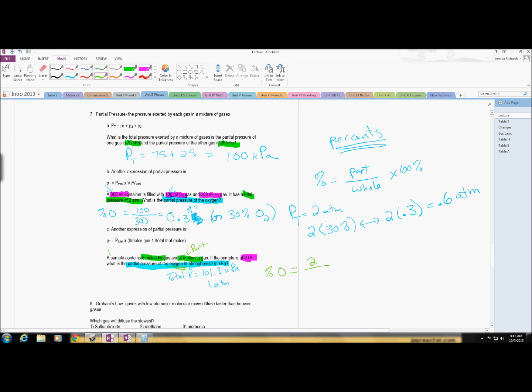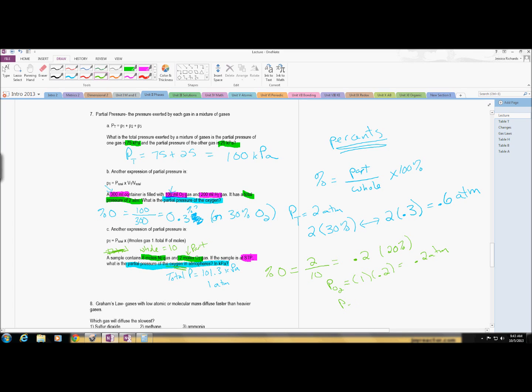And our total sample, the whole amount, is the 8 plus the 2, or 10 moles. So 2 out of 10 means that I have 0.2, or 20% oxygen in this sample. If I want to know the pressure of the oxygen in atmospheres, I take 1 atmosphere and multiply it by 0.2, or 0.2 atmospheres.